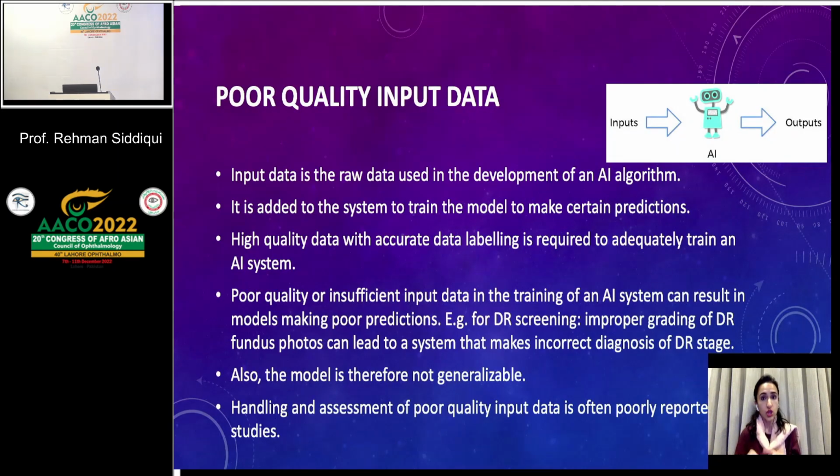So we as researchers, as developers, need to inform the readers how this poor quality input data was handled and assessed. And this needs to be reported in our paper. So this is what we found, that a lot of authors did not report how the poor quality input data was handled and assessed in their study, in their trial.